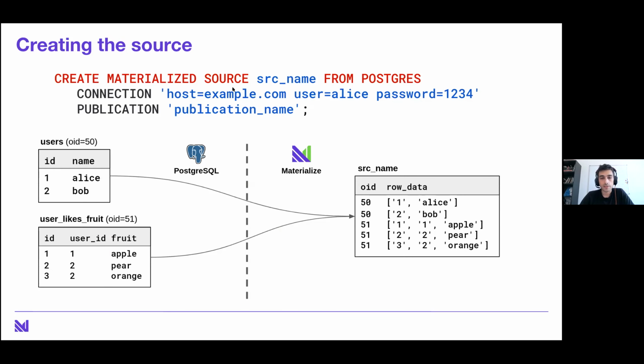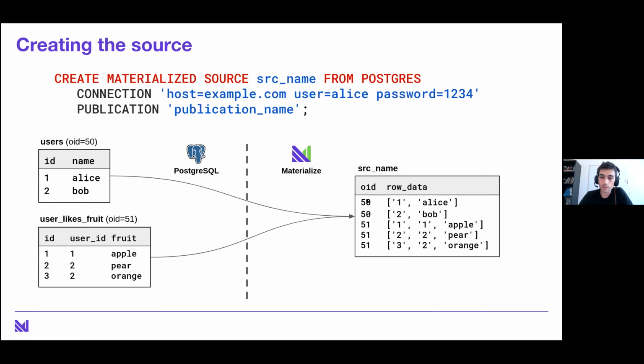And I have here an example to see what happens after creating a source. So let's say we had two tables, users and users like fruit, on the PostgreSQL side, and we created the source here. What we're going to end up with on the right side is this odd-looking table. This odd-looking table of the source contains one row for every row of the tables in the publication.